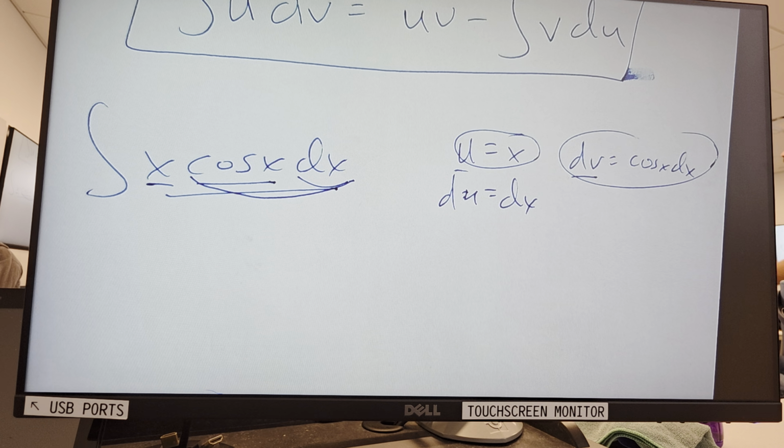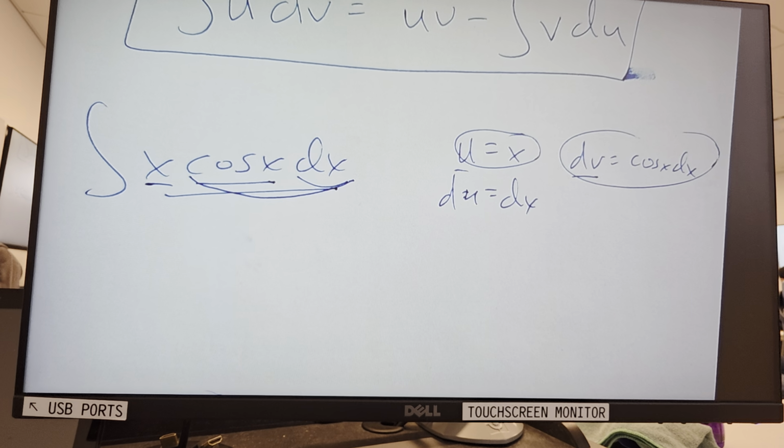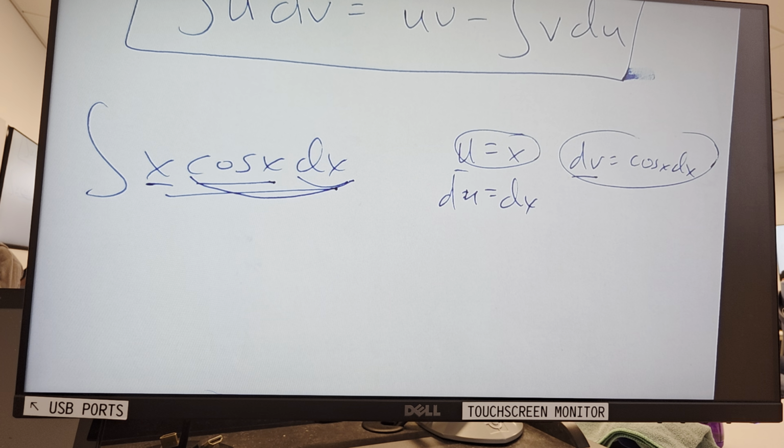That's just what du is. I don't care where it came from. When I get du, it has a dx on it. That dx didn't come from the integral. It's just what du ends up being. I see. So u equals x, du is 1 dx. That's just what it is. This dx came from the derivative. That dx came from the integral.